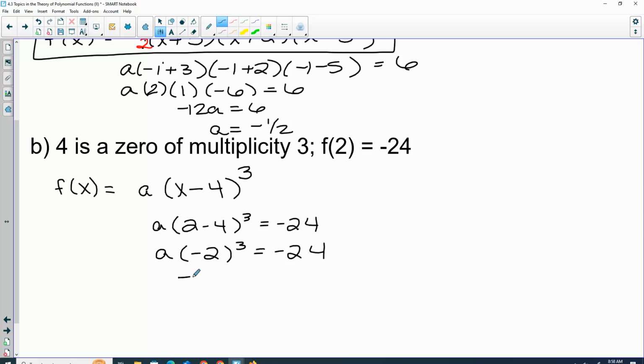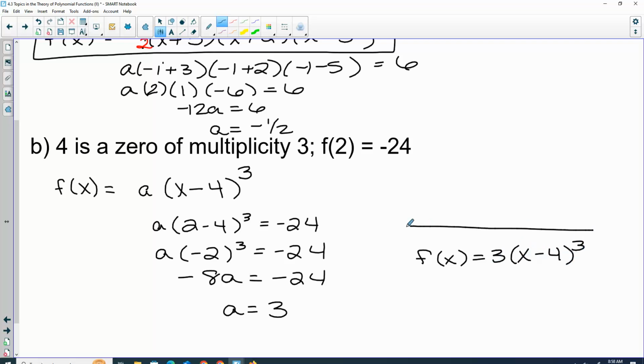Negative 2 to the 3rd is negative 8. Divided by negative 8, and our a is 3. So our polynomial has to be 3 times x minus 4 to the 3rd. That meets all the requirements that I gave you.